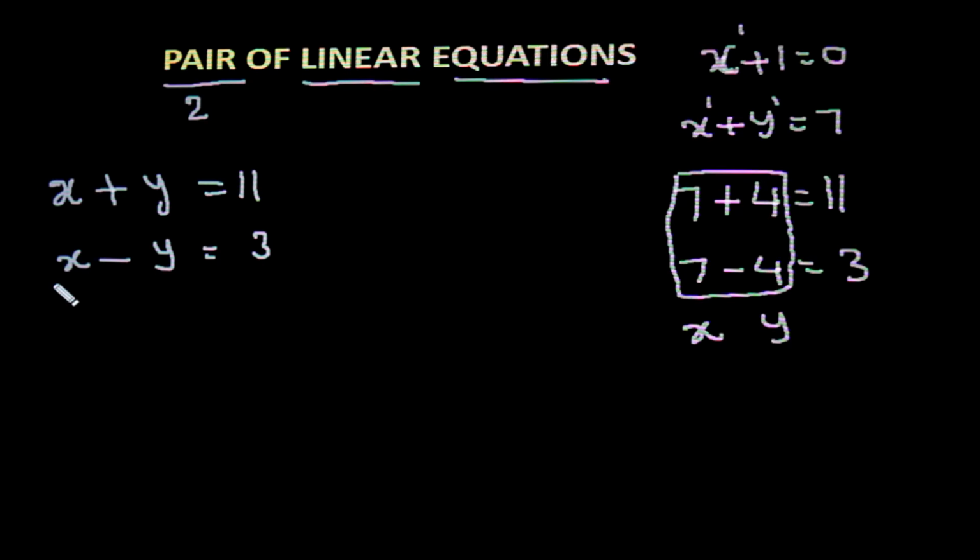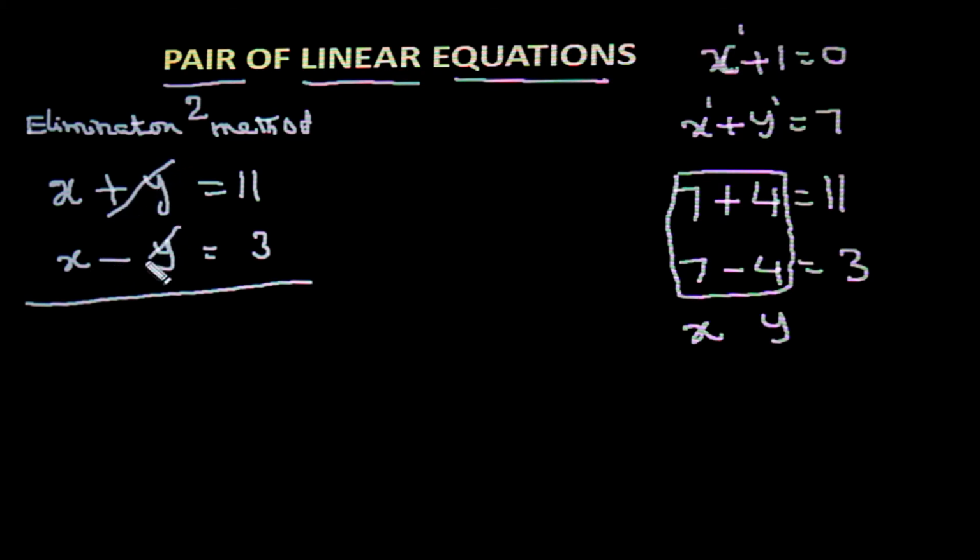How? See this one. This is called the elimination method. Draw a line. This is plus y, this is minus y.